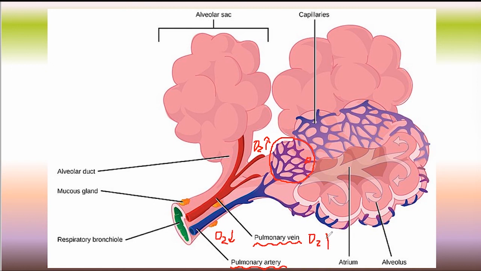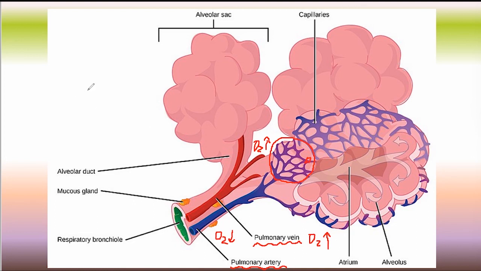So only the pulmonary circulation is different from the systemic circulation. In systemic circulation, the artery carries oxygen-rich blood and the vein carries low oxygen blood. But in pulmonary circulation, the pulmonary artery is low oxygen and the pulmonary vein is high oxygen blood.